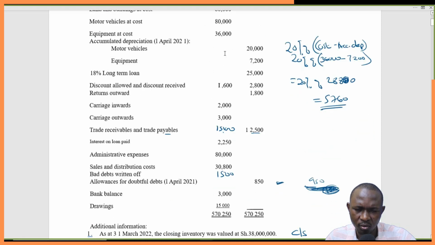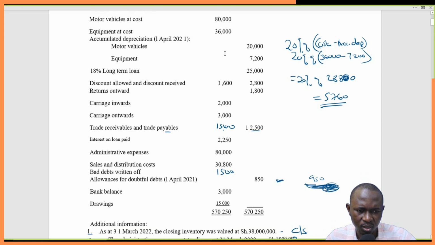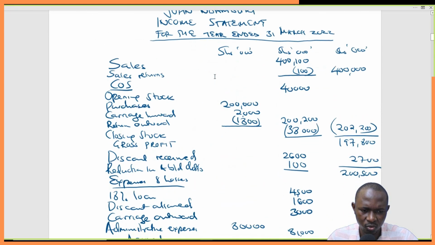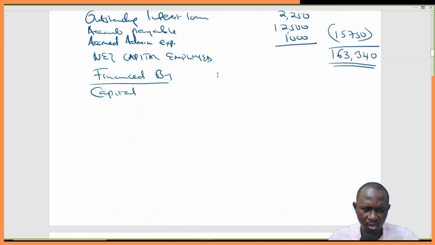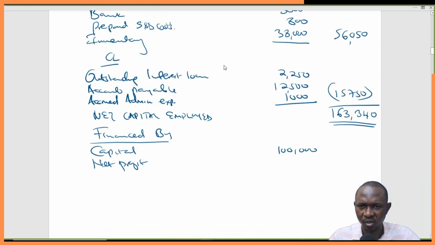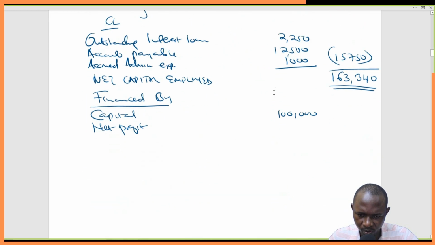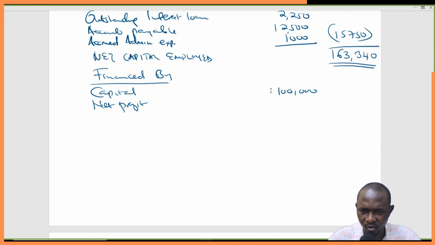So capital 100,000. And then we add the net profit. Of course, the net profit, we are getting this from the previous book. So the net profit is 53,140. We are going to add here 53,140. And then we less the drawings.